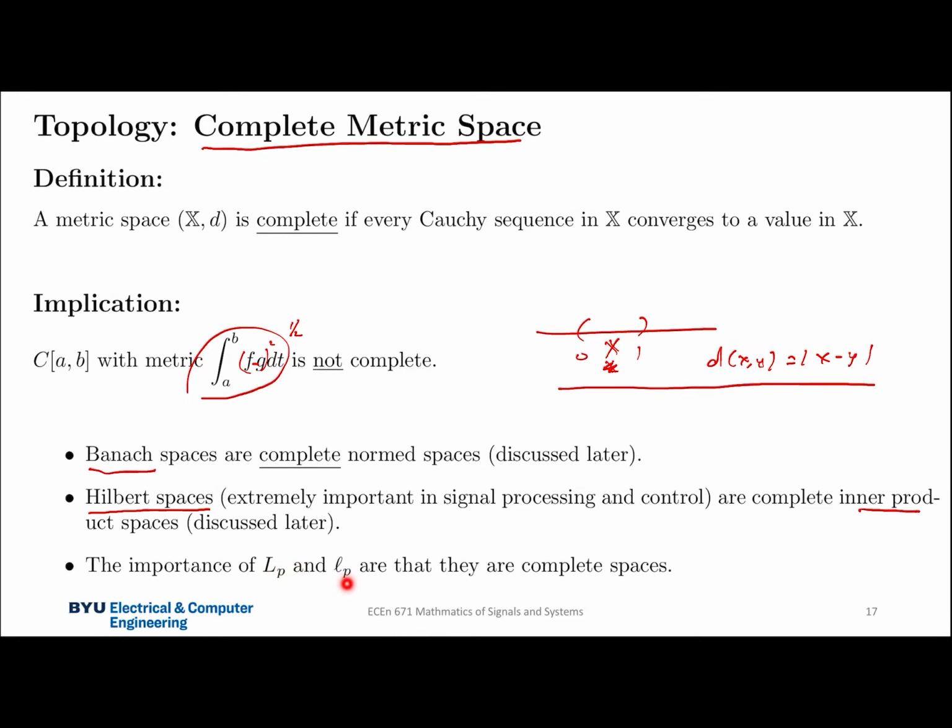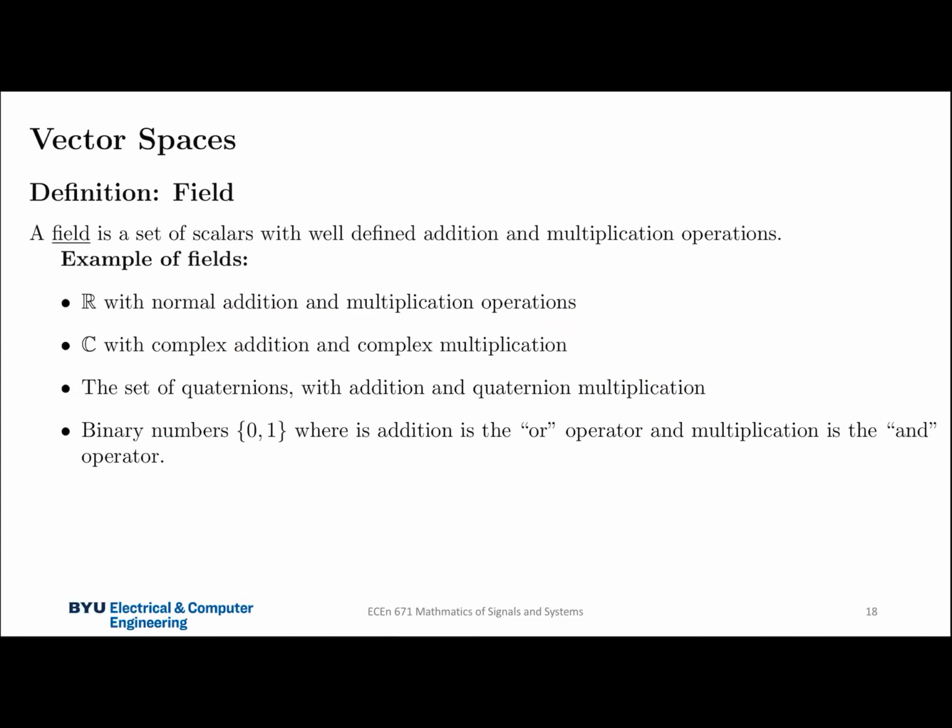So these spaces, big L^p and little l^p, are complete, or they're Banach spaces, and then capital L^2 and little l^2 are going to be Hilbert spaces. All right, so we'll have more to say about that later, but there's this notion of a complete metric space where every Cauchy sequence converges.